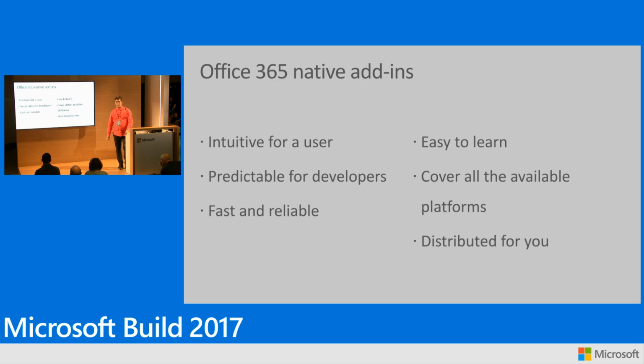And they are really, really great because it's predictable for the user, it's predictable for the developer. We have a clear API on how to develop and code those extensions. And then the Microsoft team does a great job of distributing this extension for you. So you just write a little code and it's distributed to the web, to the desktop, to the mobile. It's really easy.